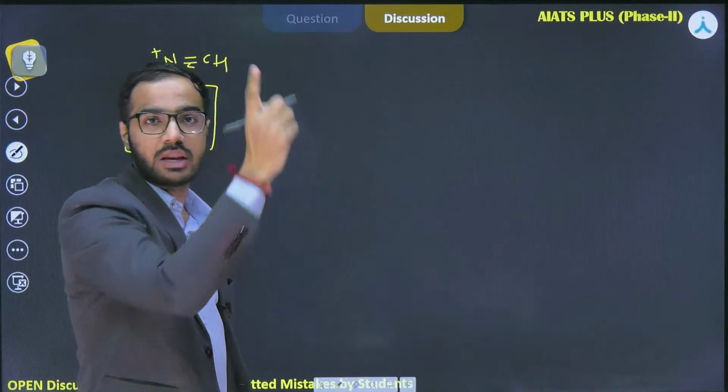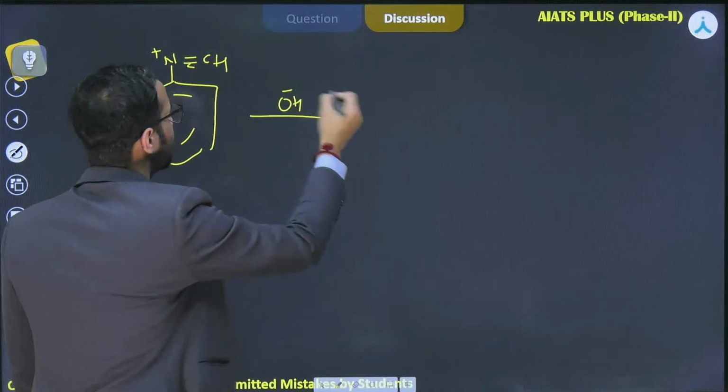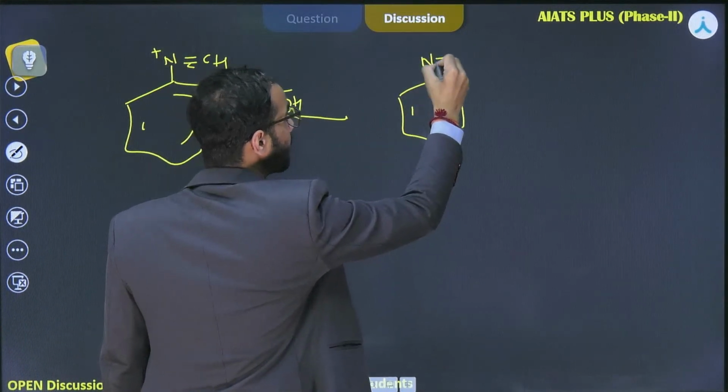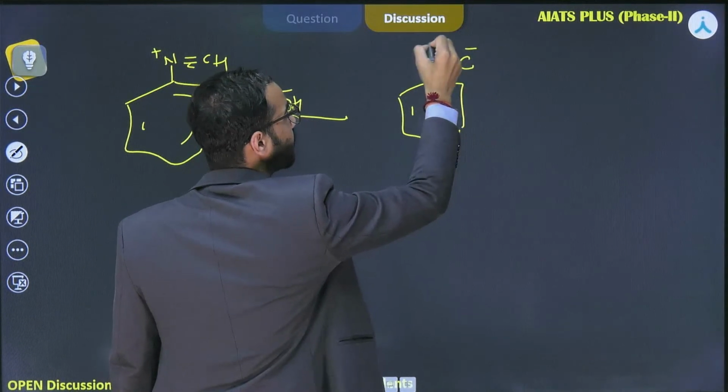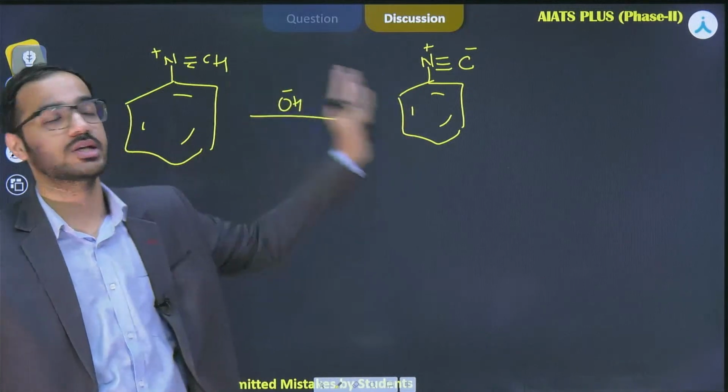The OH negative will abstract a proton from this and you will be having OH negative or Cl negative and you will be having N triple bond C, negative positive, and we can say that this is isocyanide.